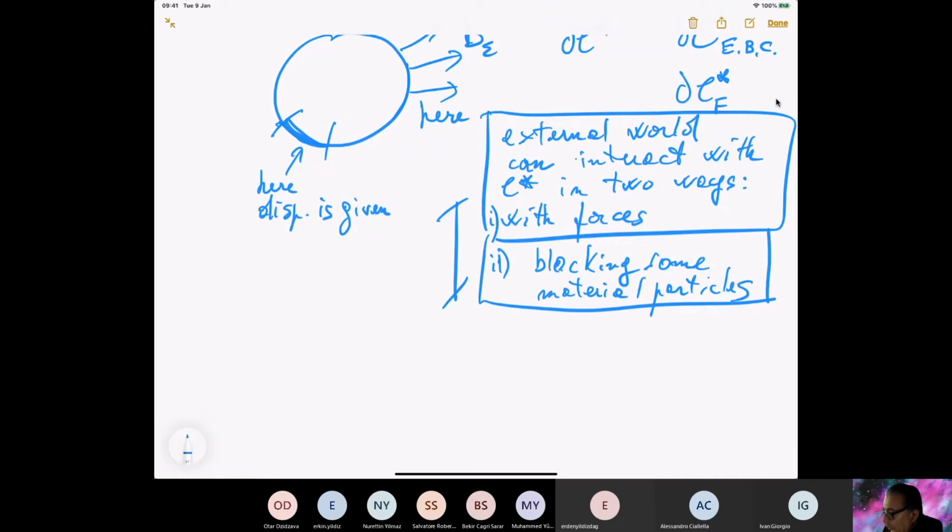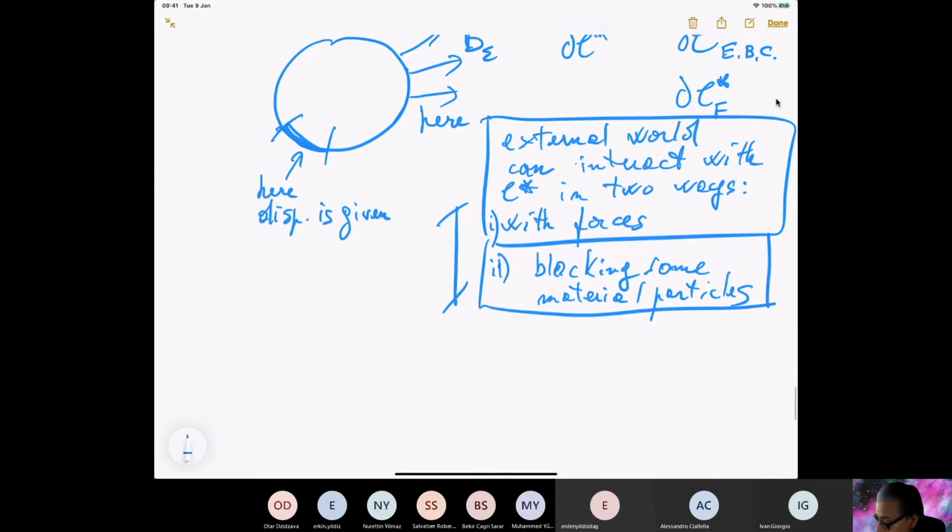Apparently we have two different mathematical entities, forces and constraints.